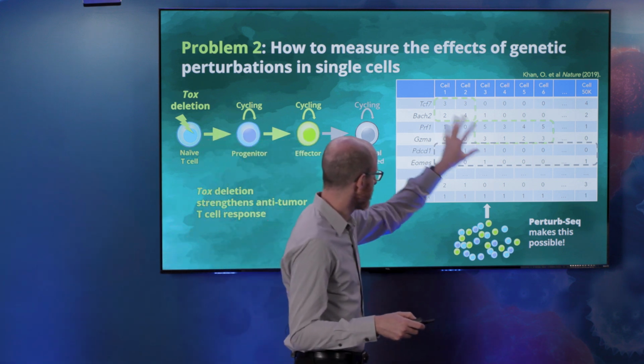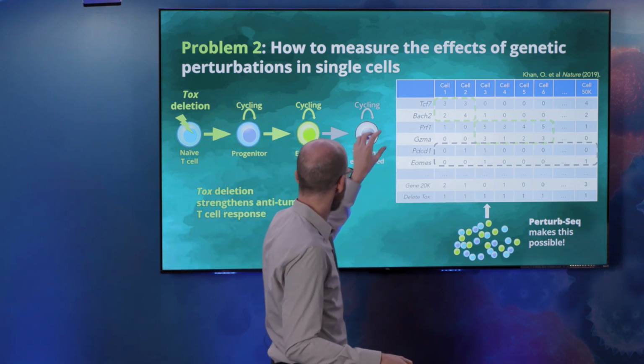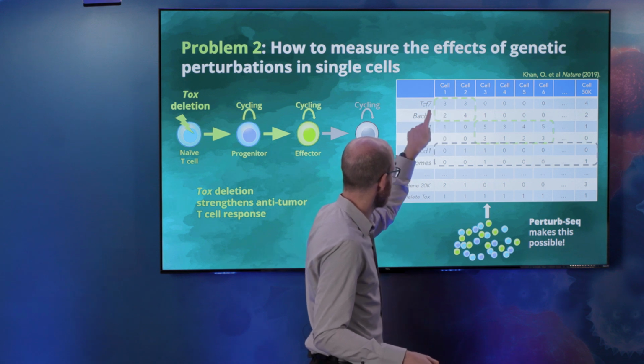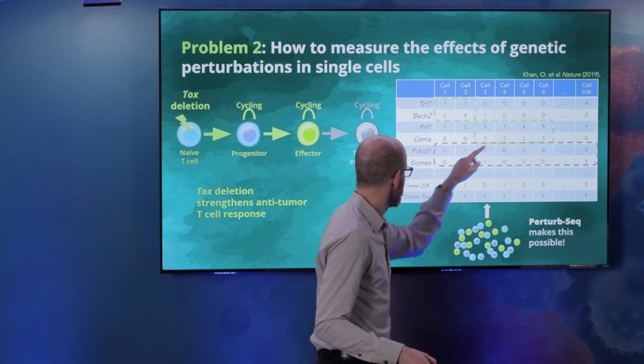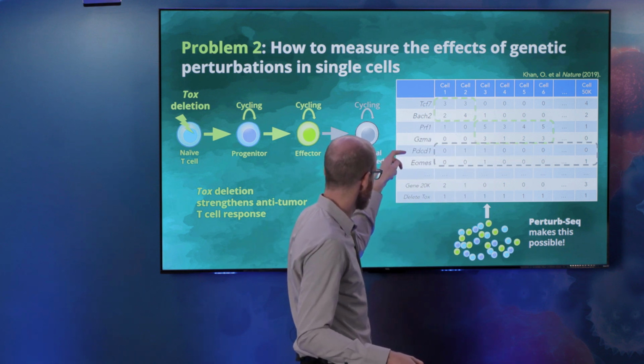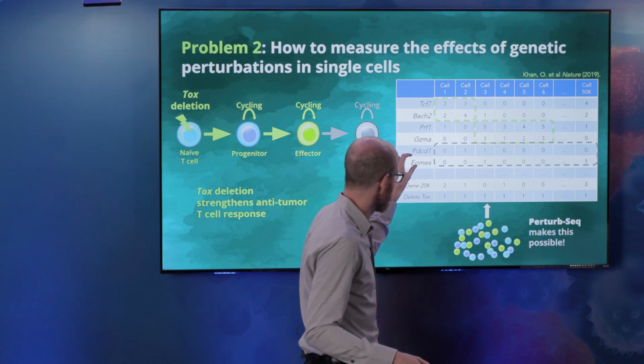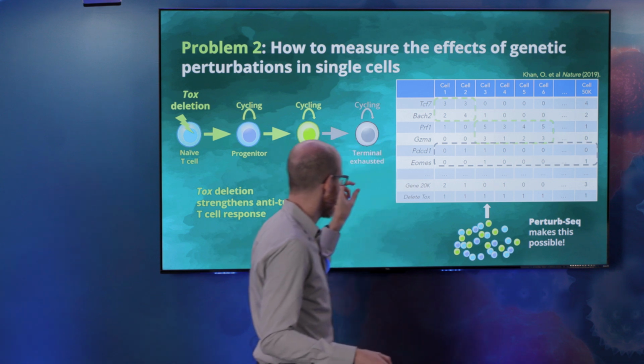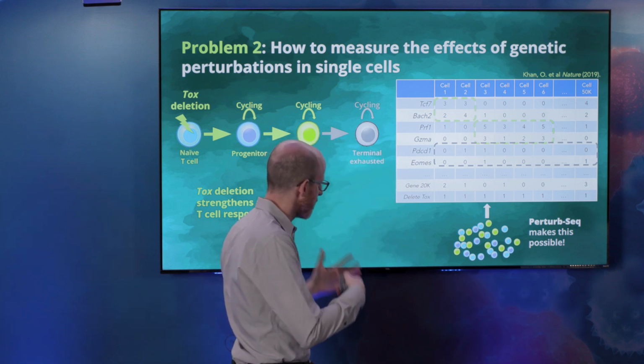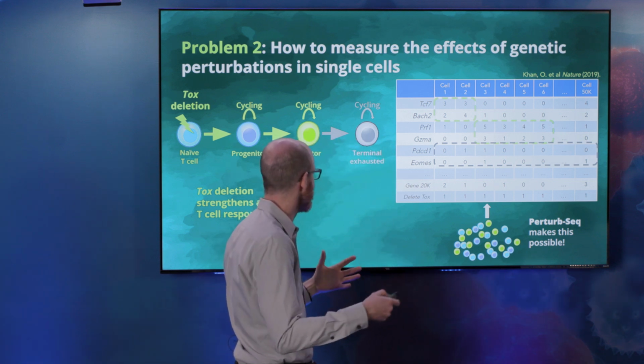Now if we look at the gene expression matrix, we still see the genes that mark progenitor T cells and effector T cells, but the genes that mark the terminal exhausted T cell states, such as PDCD1 and EOMES, their expression level is close to 0. That's because, again, this TOX gene is affecting many genes, and it's affecting the distribution of the T cell states.